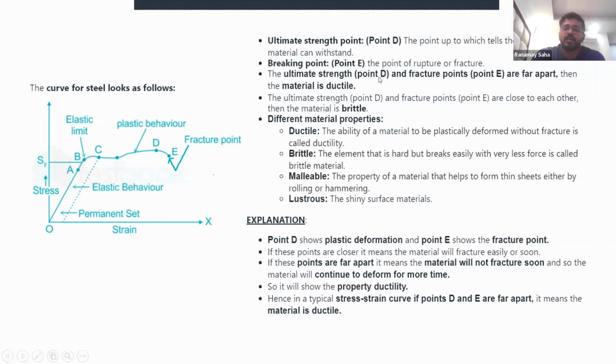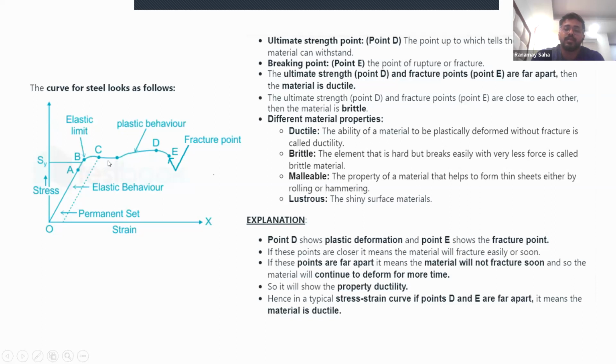The ultimate strength point D and the fracture point E being far apart means that your plastic region is much larger, so that your material happens to be ductile.